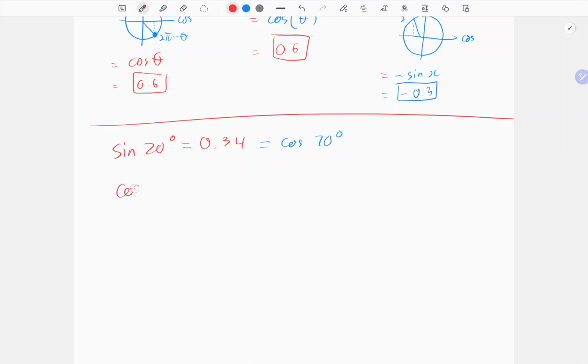Okay, so let's say cos of the angle 15 degrees. Cos of 15 is 0.97. Okay, Emily, sine of what angle is also 0.97?